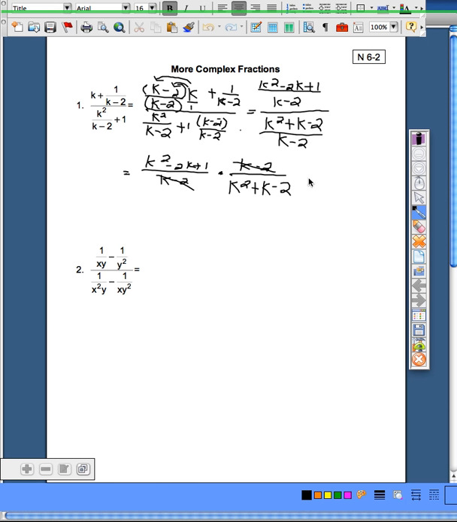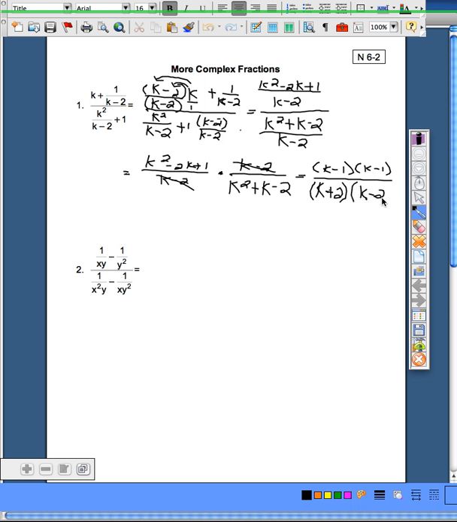And so, if we multiplied, we would find that this factors as k minus 1 times k minus 1. And the denominator will factor as k plus 2 times k minus 1.